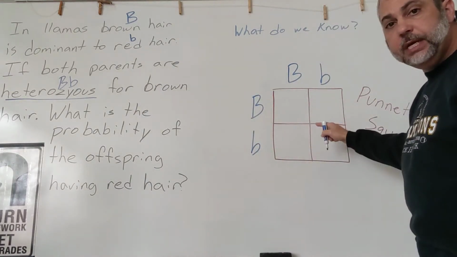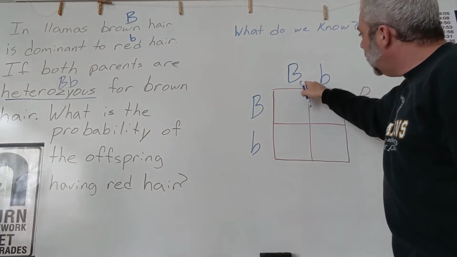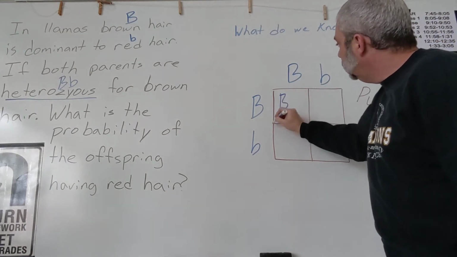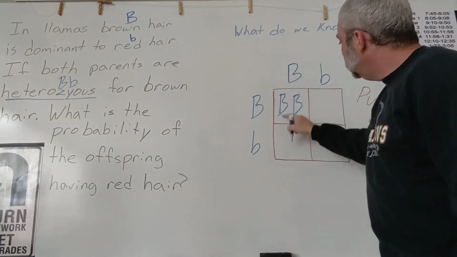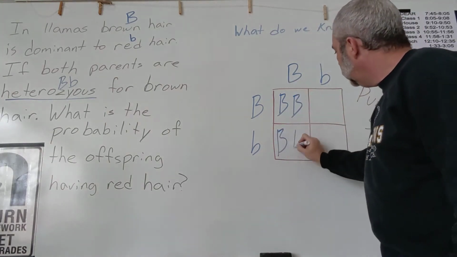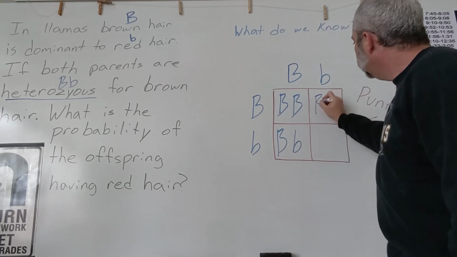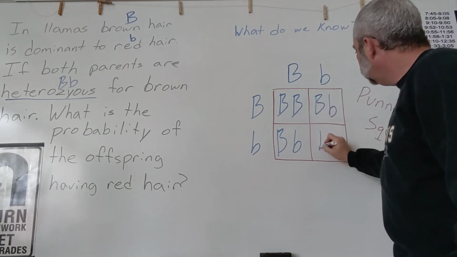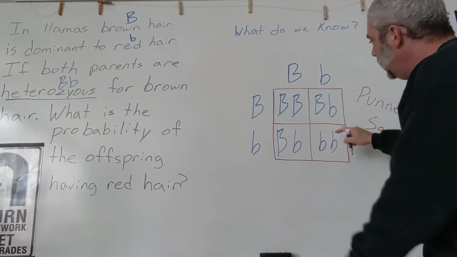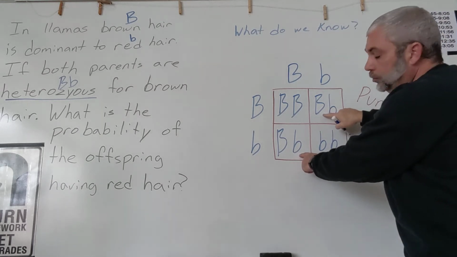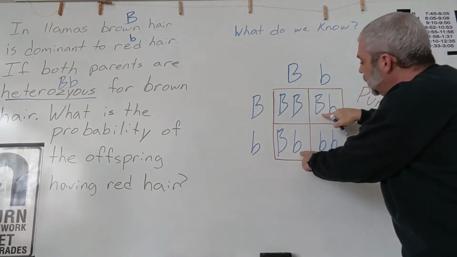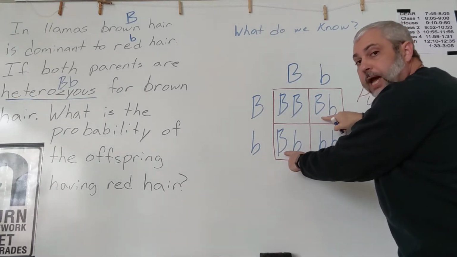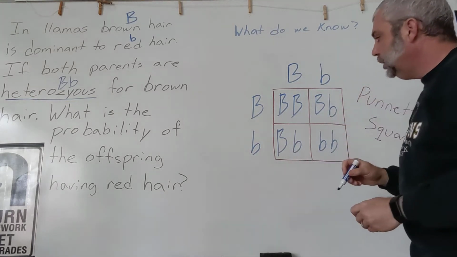And to fill this in, we take one from the top, we take one from the side, and place them. And for these two, dominant takes over, and so we put the dominant, the capital, first in these two cases.